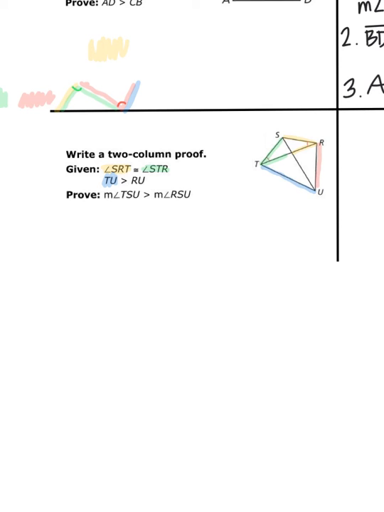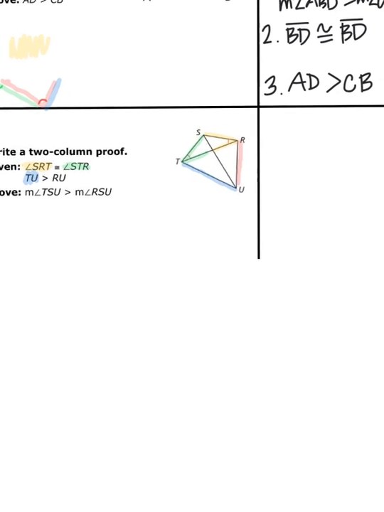And we're going to have to use the converse of the hinge theorem because we're going to be using the measurement of sides to prove that the measurement of angle TSU is actually greater than the measurement of RSU. Okay, so typically I would say draw these two triangles separately, but I'm going to keep them together, and I think when you look at the proof, you might be able to tell why.